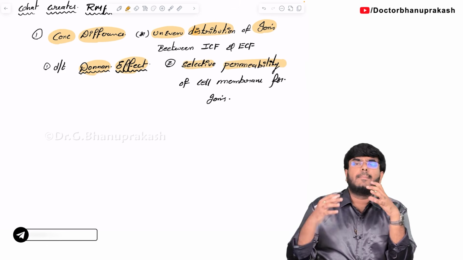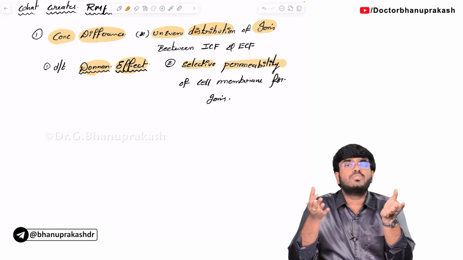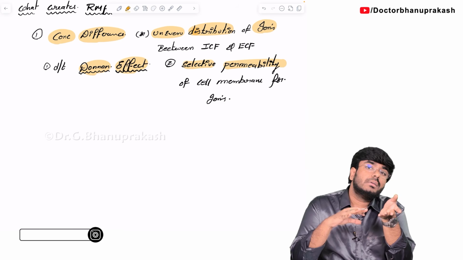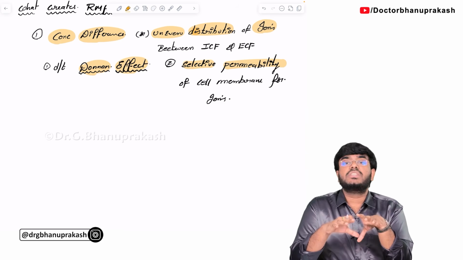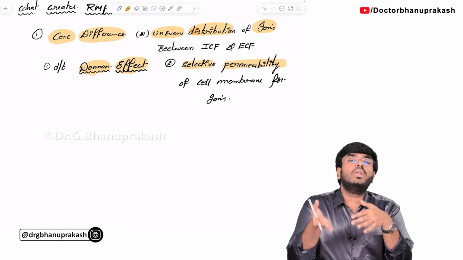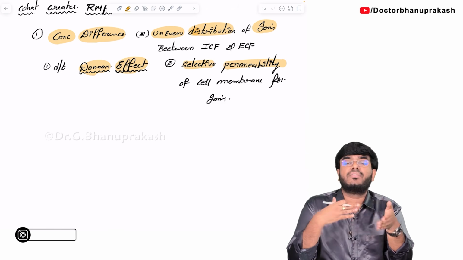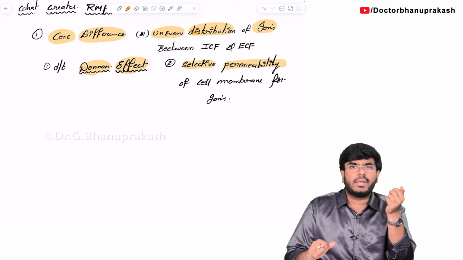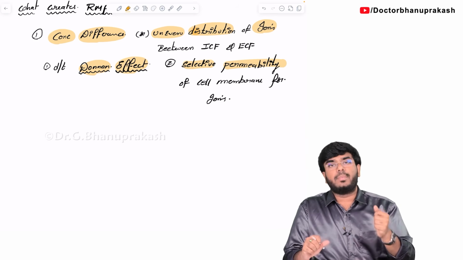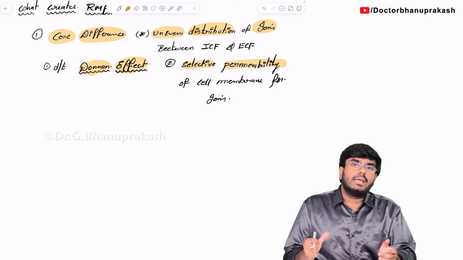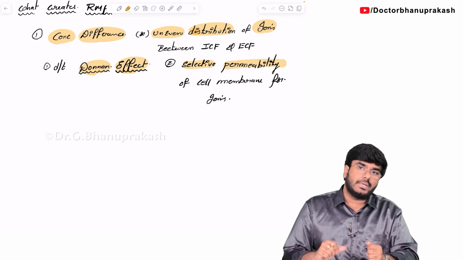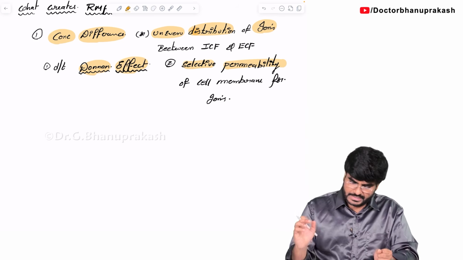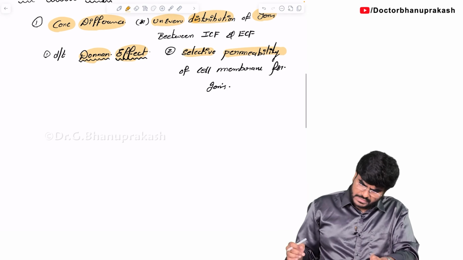It means the cell membrane is designed in such a way that it is only permeable to certain ions. Even during the resting stage, certain ions pass freely across the cell membrane and certain ions do not. Because of this selective permeability, the ions are unequally distributed across the cell membrane.